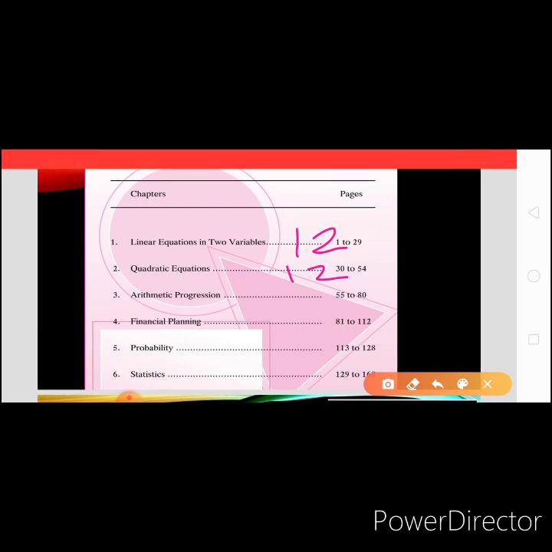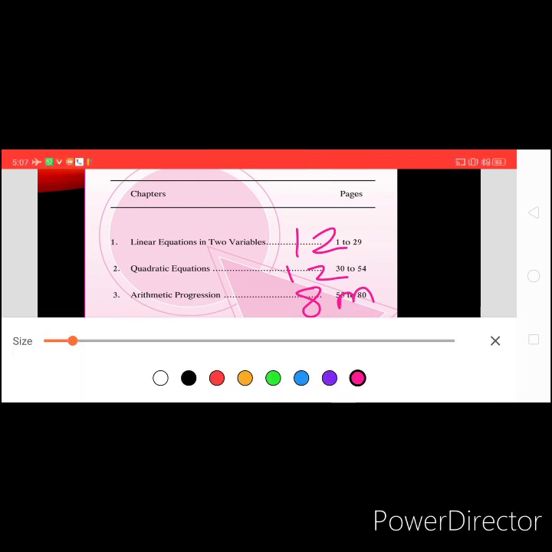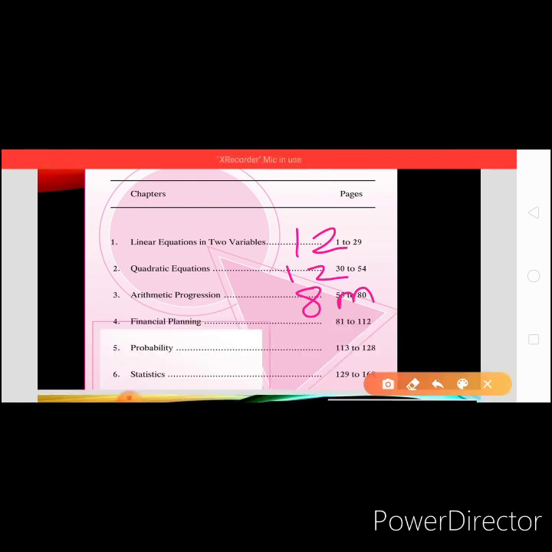Chapter number three is arithmetic progression, and this chapter is of 8 marks. The next chapter, the fourth, is financial planning, and this chapter also has 8 marks.